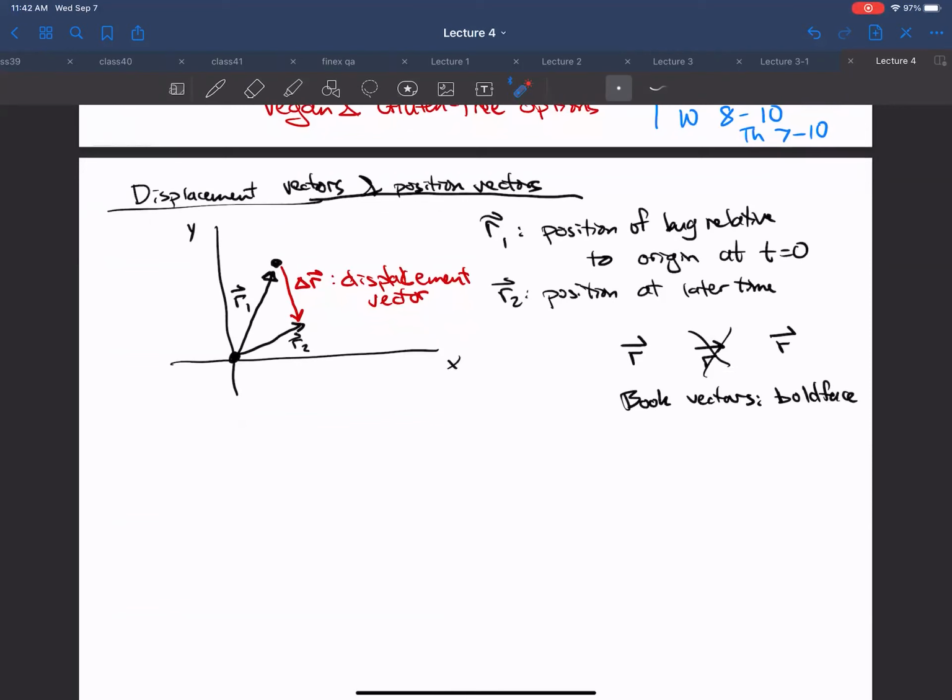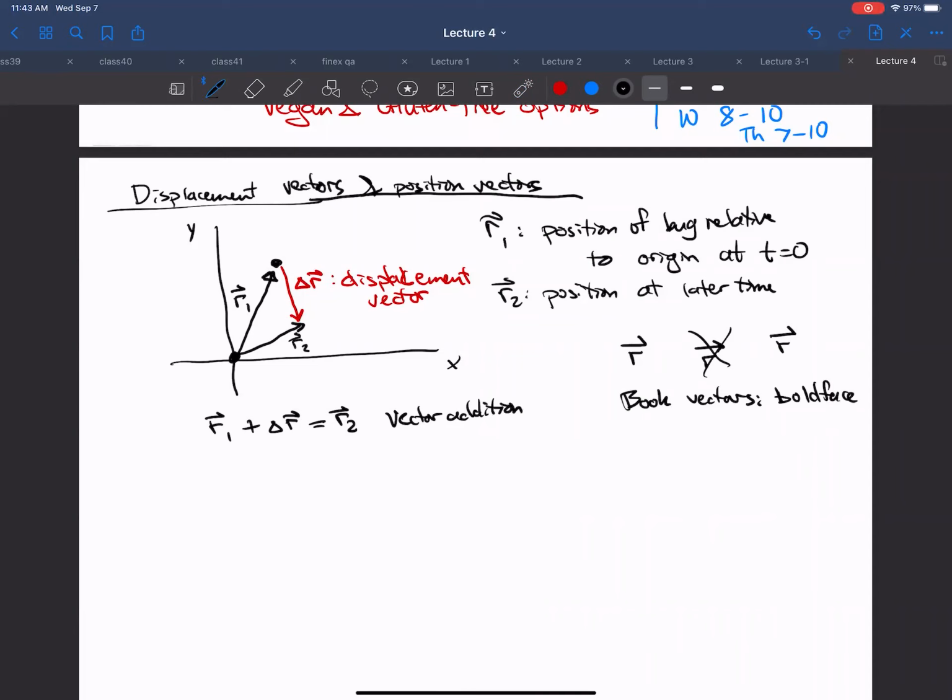Okay, so the displacement vector delta r starts from the initial position R1 and winds up at this later position R2. I could write that as a vector addition equation: R1 plus the displacement vector delta r is equal to R2. This is an example of vector addition.